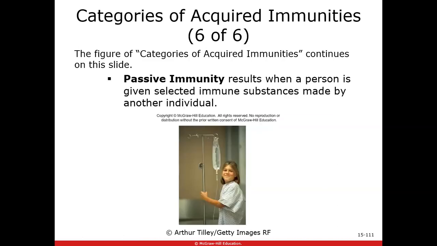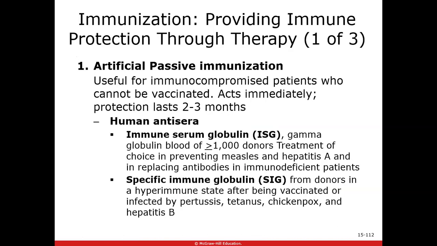So we went through these: passive immunity, artificial passive immunization. This is useful for immunocompromised patients who cannot be vaccinated. Acts immediately, protects the last 2 to 3 months. So that's artificial passive immunization.